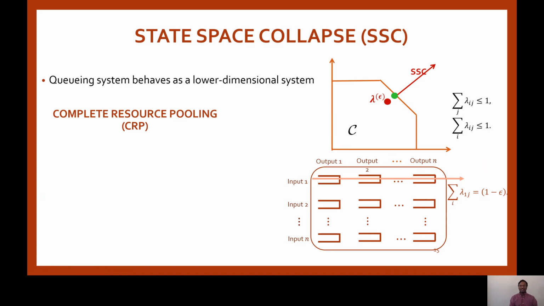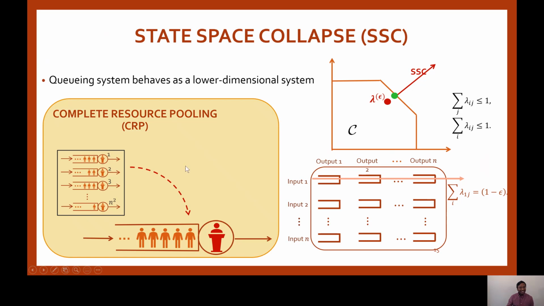So this corresponds to the complete resource pooling setting in a switch. And in this case, the n squared dimensional switch essentially collapses to one dimension. So it behaves as if it is basically a single queue. And we'll see more details about it as we go along.